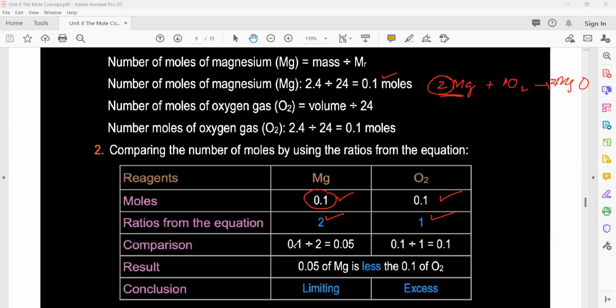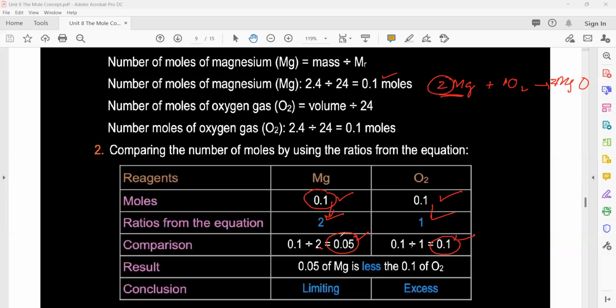Now compare them. 0.1 divided by 2. These two. 0.1 divided by 1. So what are the answers I will get? 0.05, 0.1. Which is less? 0.05 is less than this one.